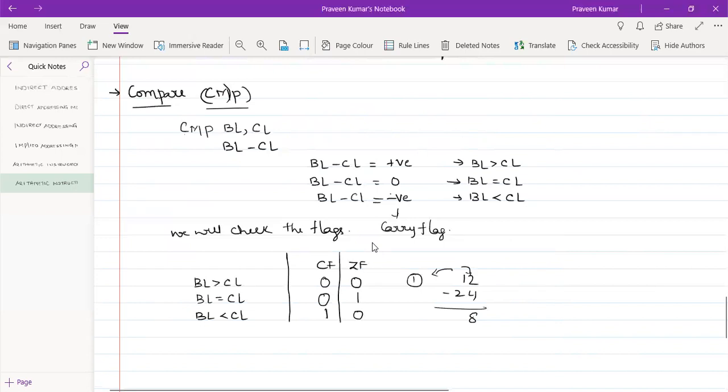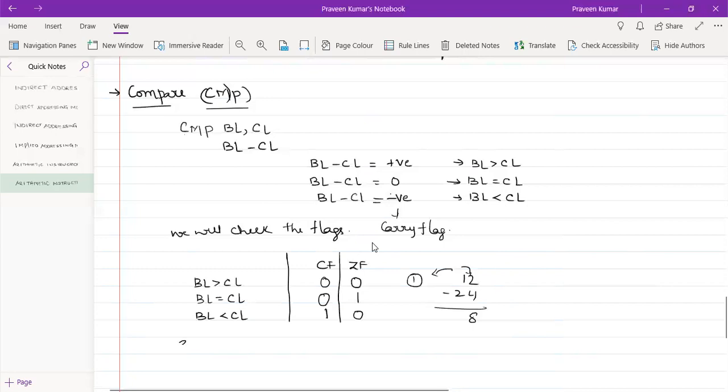From this, I can clearly say that if BL is less than CL, then the carry flag will be set, and if BL is equal to CL, then the zero flag will be set.